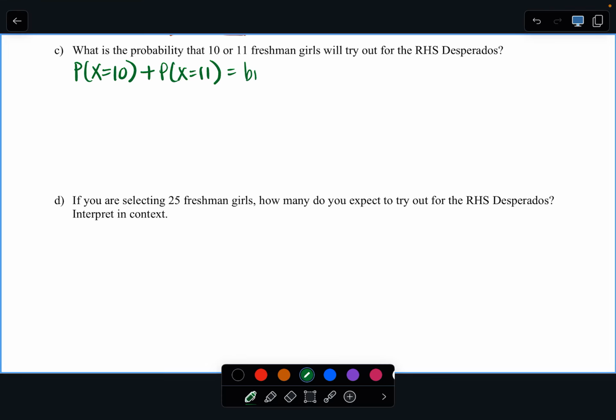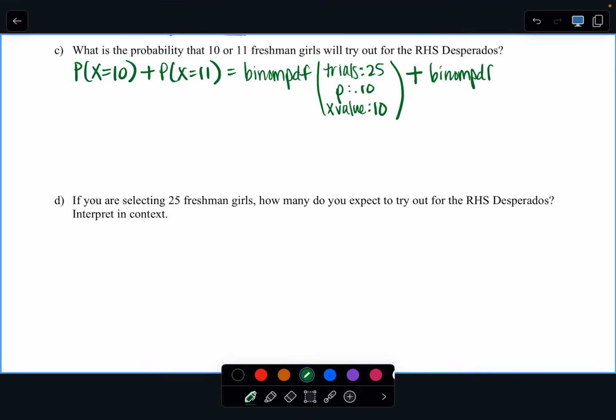They're both equal to, so they'll both be binomial PDFs. I'm going to have trials be 25, probability be 0.10, and my x value for the first one is going to be 10. And then I'm going to add that to binomial PDF, trials 25, p 0.10, x value is going to be 11.